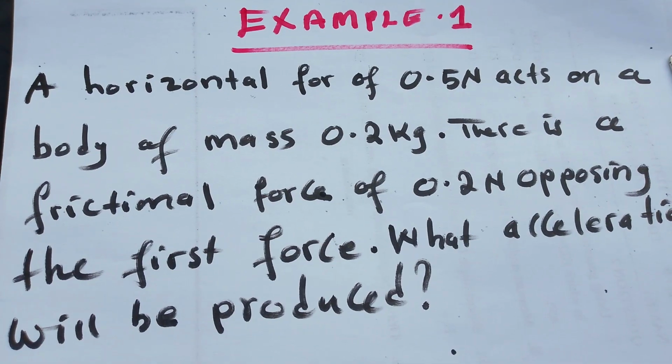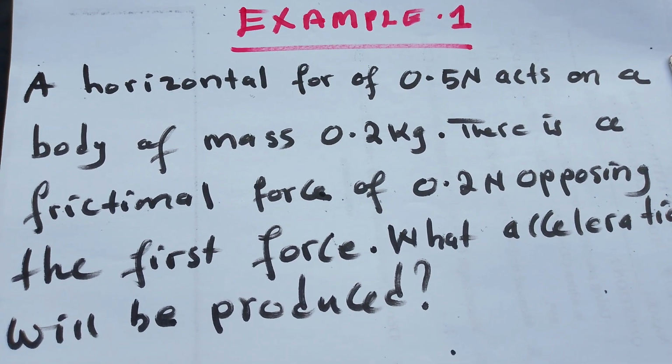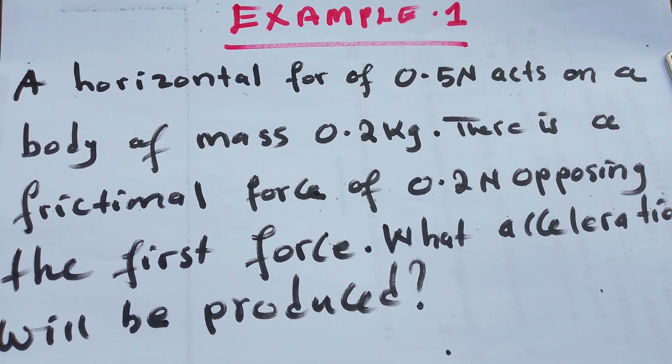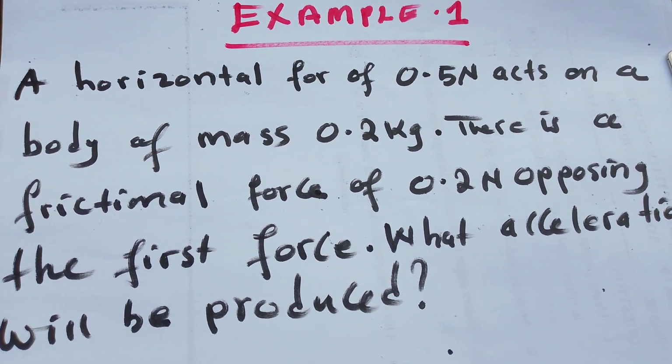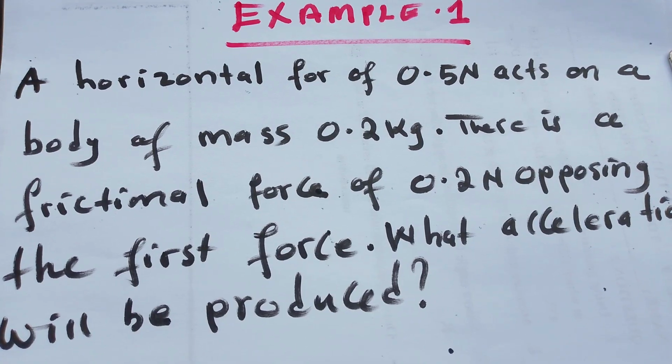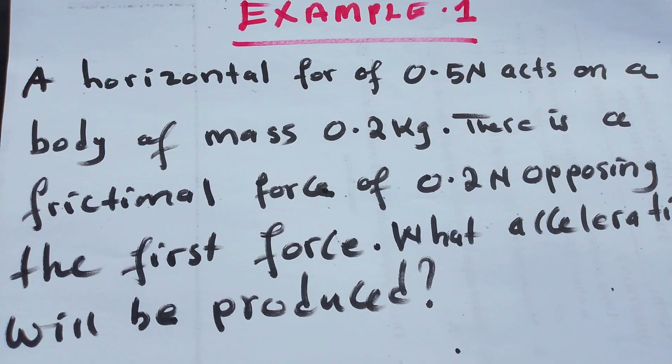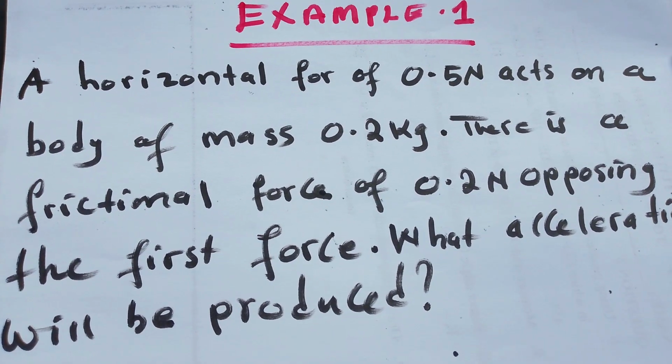A horizontal force of 0.5 Newton acts on a body of mass 0.2 kg. There is a certain friction force of 0.2 Newton opposing the first force. What acceleration will be produced?